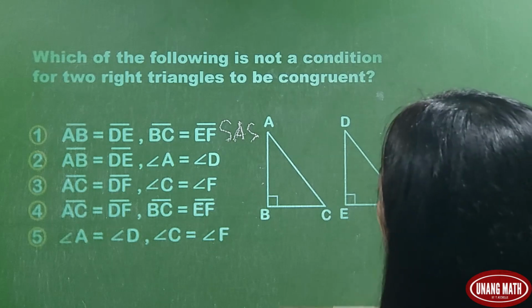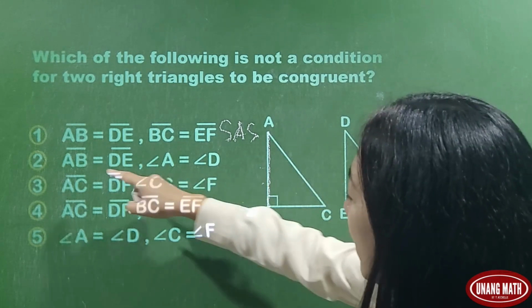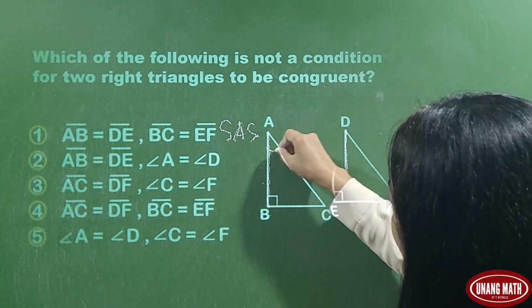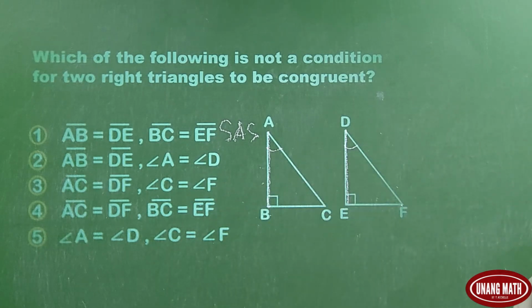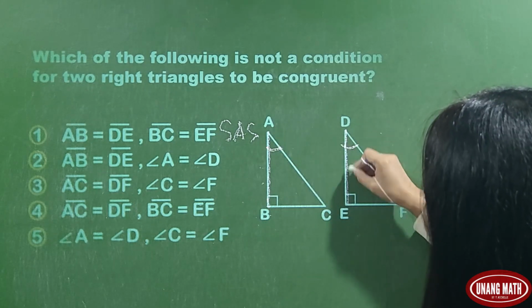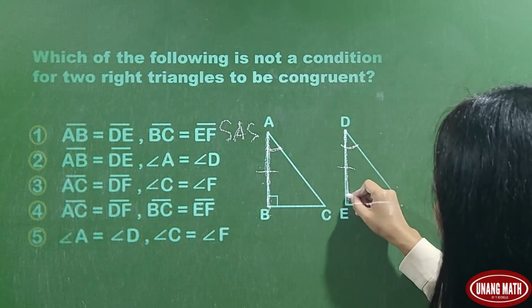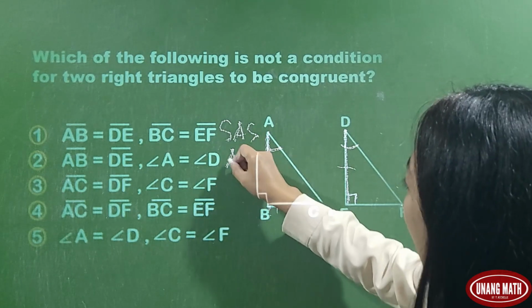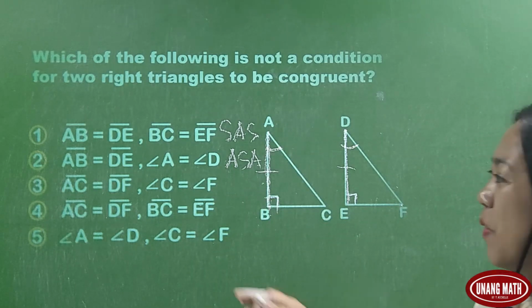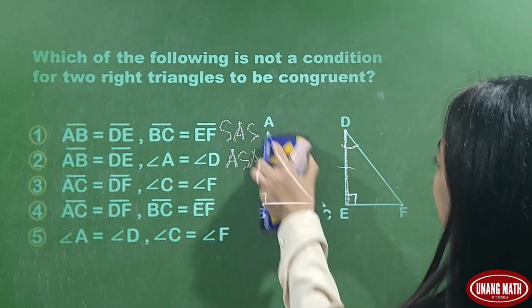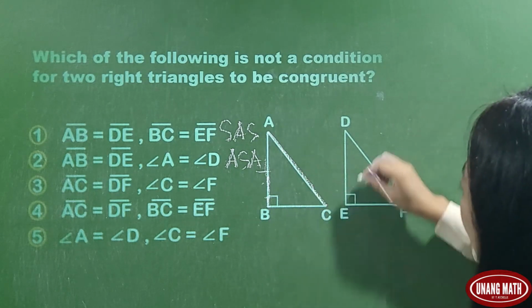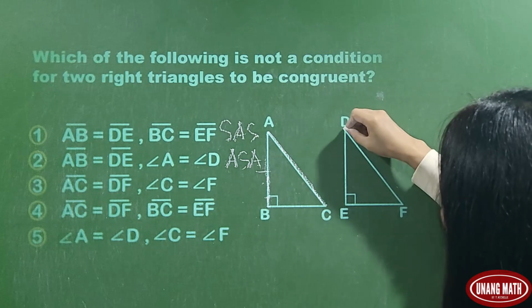Okay, what about number 2? Segment AB, or this side, is equal to segment DE. Angle A is equal to angle D. So if you analyze this, it is angle, side, angle. So ASA congruence. What about number 3? Okay, we have here segment AC is equal to segment DF.